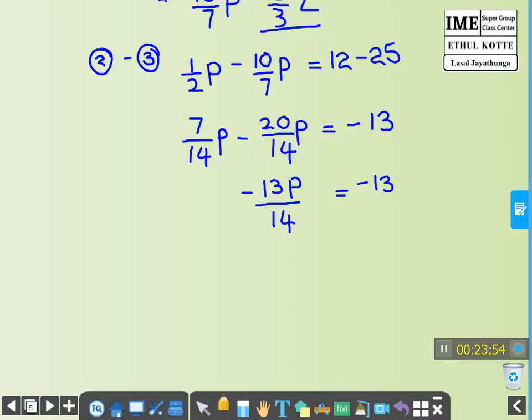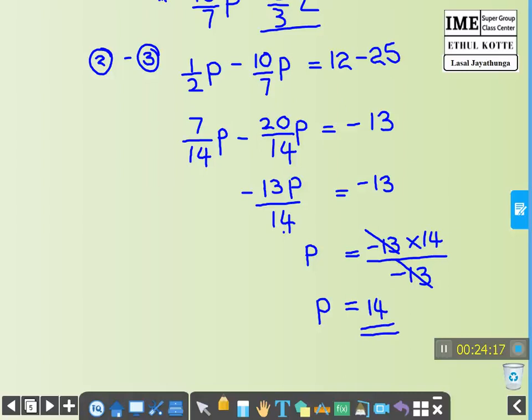Now simplify to obtain P. Send 14 to the other side, into 14. Send this minus 13 to the other side, divide by minus 13. Then minus 13 gets cancelled. Answer is 14. So P equals 14.